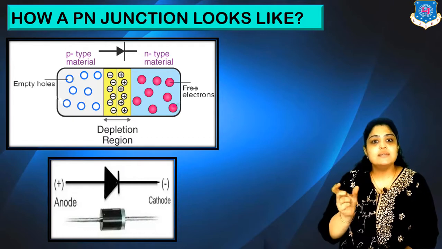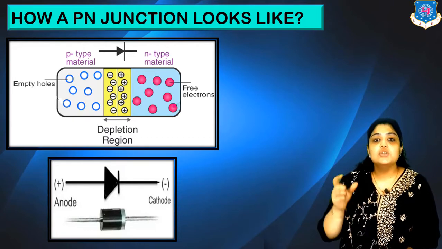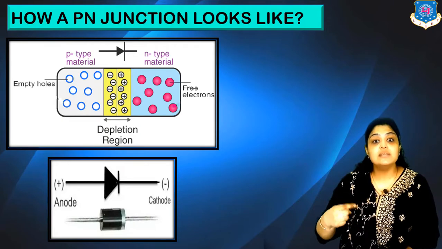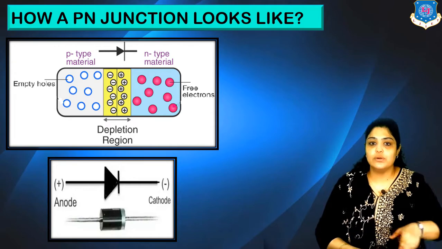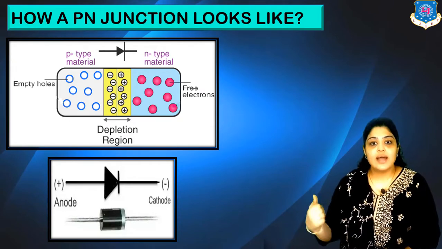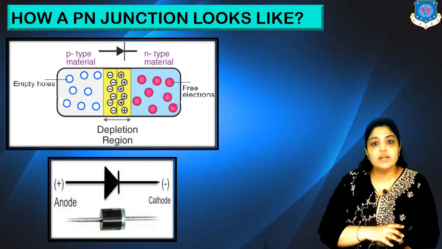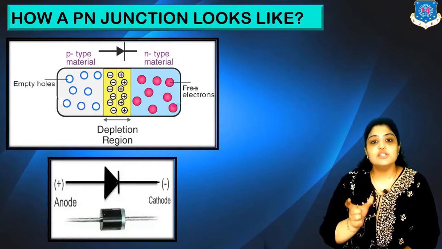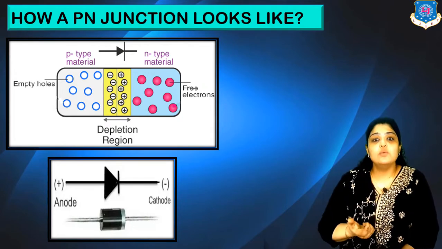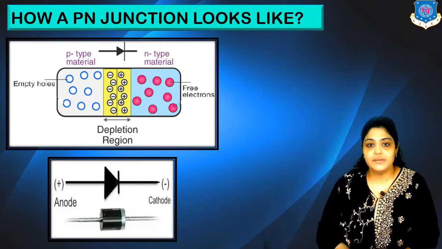In this you can see there's a small cylinder in between and there's a grey colored ring. The grey colored ring represents the cathode and the black colored cylindrical portion represents the anode. Just by looking at the diode, with the help of this diagram, you can come to know which is the positive terminal of the diode and which is the negative terminal, because proper connection of the diode is important, as we all know that a PN junction will allow current to flow only in one particular direction.